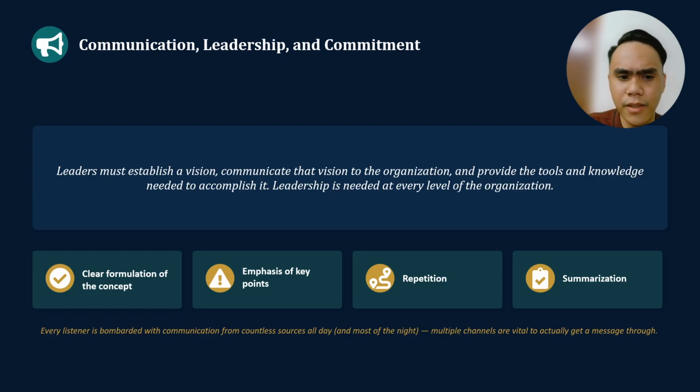So a leader relying on a single channel or a single mention of an important message is competing against an enormous amount of noise, which is exactly why clear formulation, emphasis, repetition, summarization, and multiple channels all have to work together to actually get the message through and build the kind of shared commitment that effective teams and initiatives depend on.